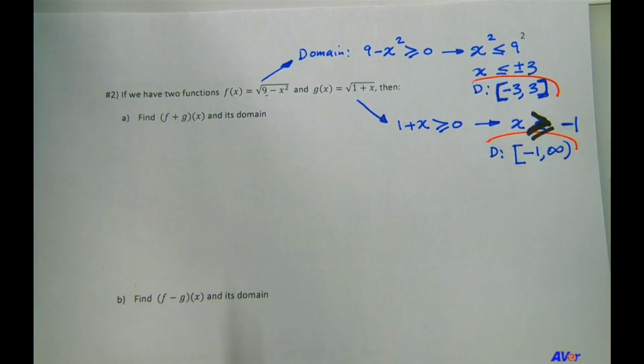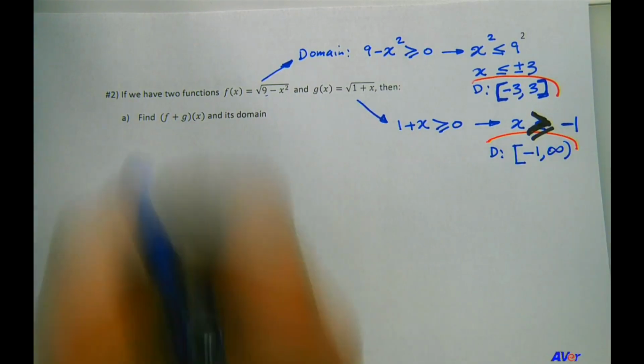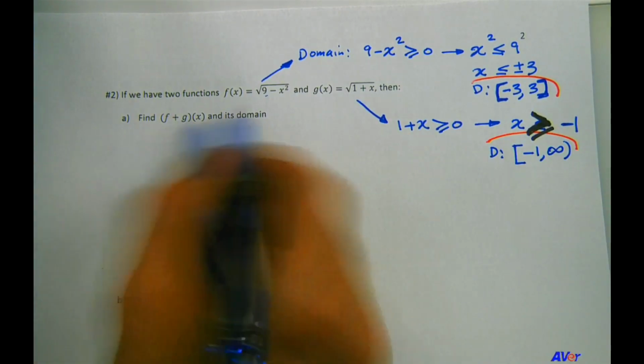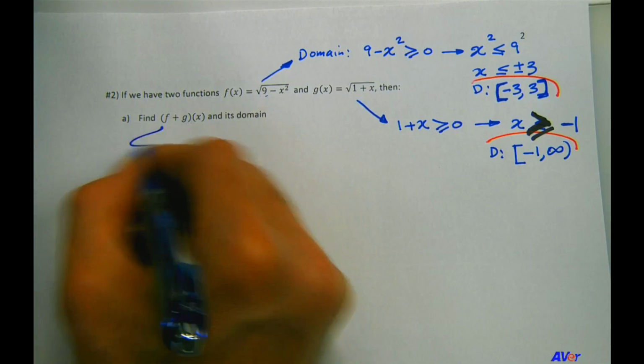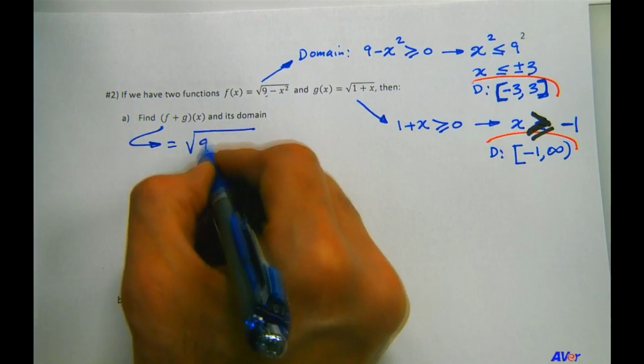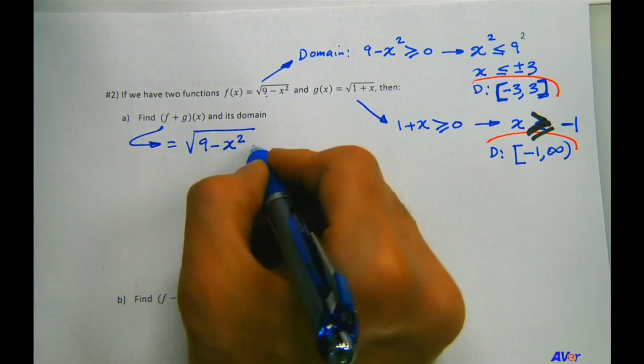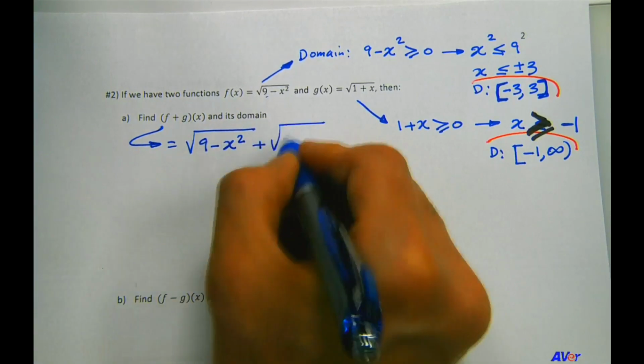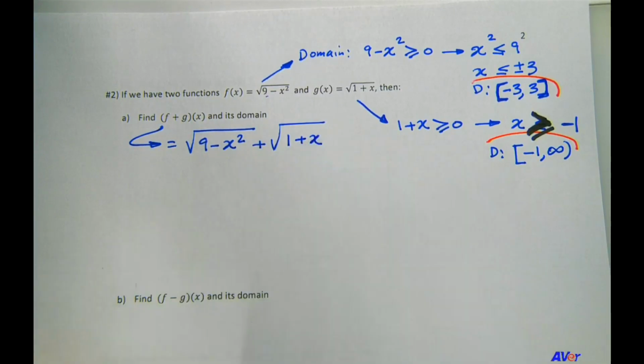So let's find the combined function. Here, f and g are being added, which gives us the square root of 9 minus x squared plus the square root of 1 plus x.